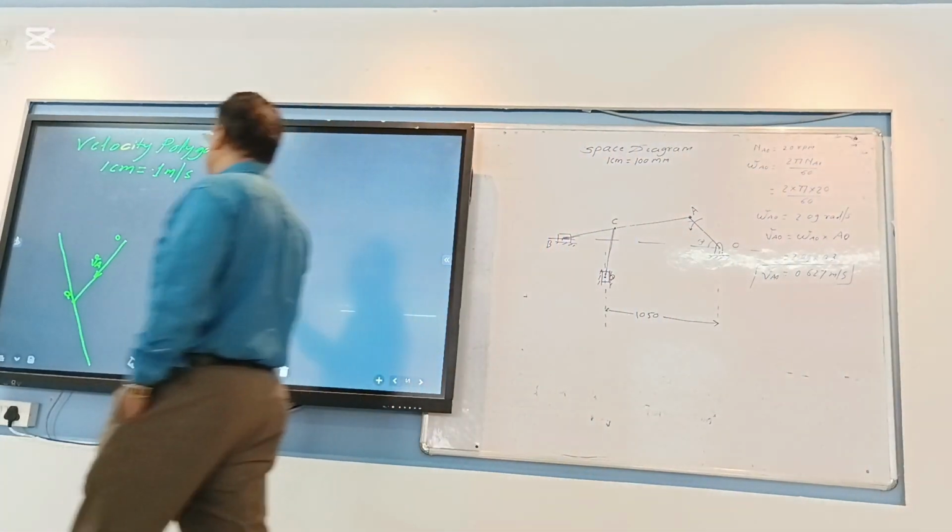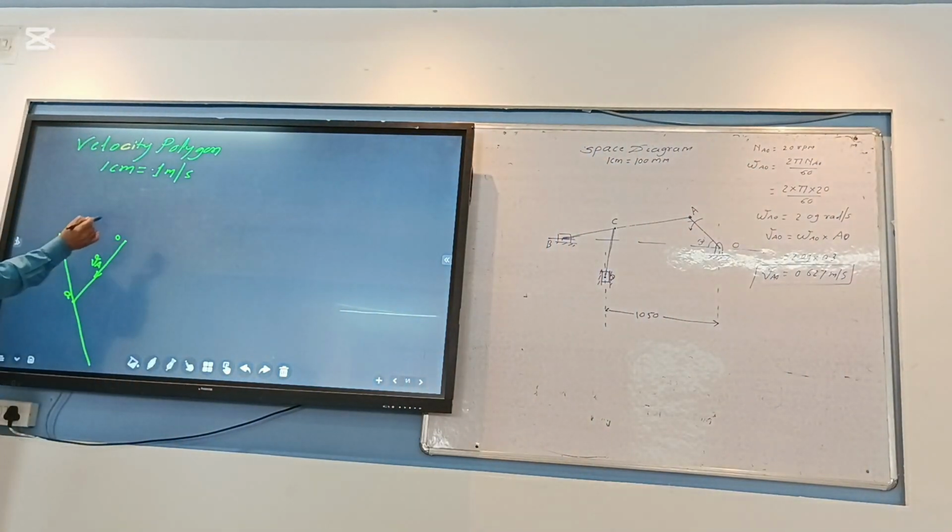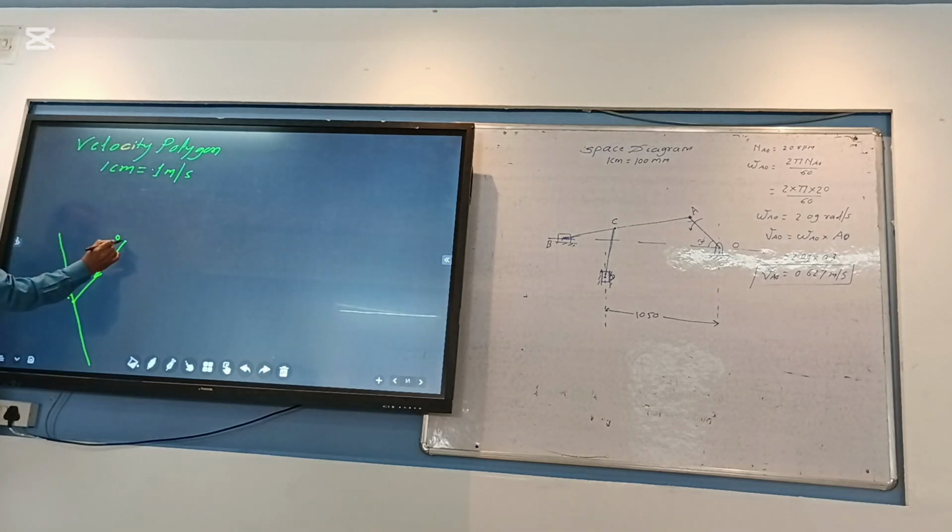O is the pole. So a line will come out from O. The slider is moving horizontally, therefore a horizontal line will come out. And that line will cut the previous vector line. Getting cut or not? Previous. So where it cuts, that point will be B, small b. Immediately put the arrow that shows the velocity of B, the velocity of the slider.